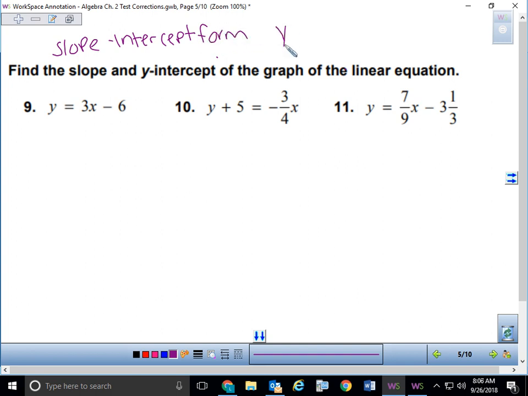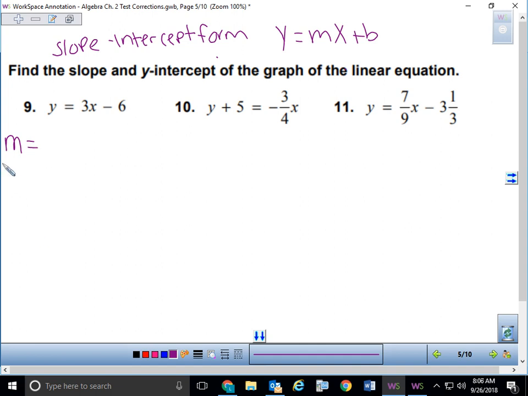So that's y equals mx plus b. 10, y plus 5 equals -3/4 x. Well, that's pretty close to y equals mx plus b. Might have to do a little bit more work there. 11, y equals 7/9 x minus 3 1/3. That also looks like it's slope-intercept, so this should be pretty easy. No work really, except for 10.